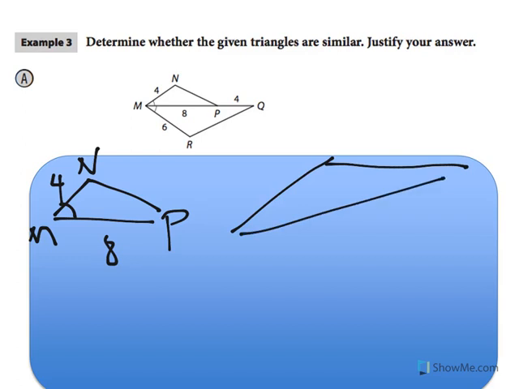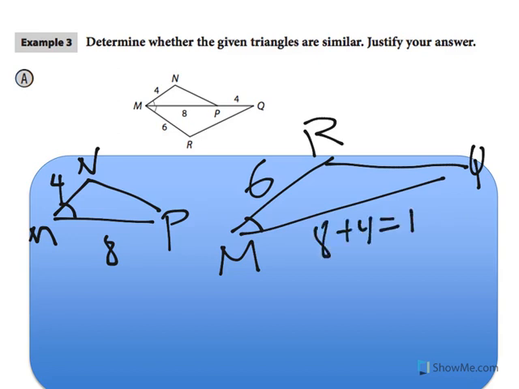So then this will be M, R, and Q. We're given that, since they're sharing the same marking, angle M is congruent, and MR is 6, and from M to Q is 8 plus 4, which is 12.